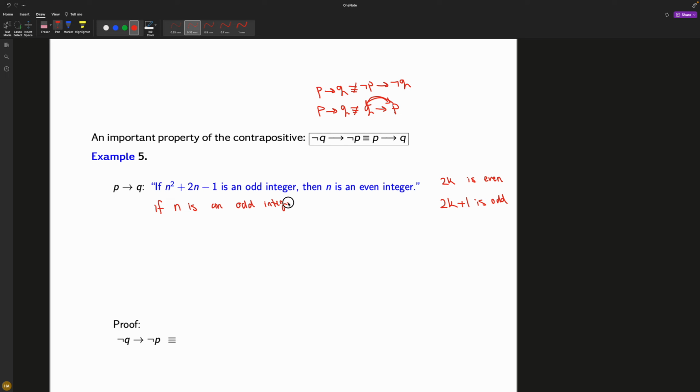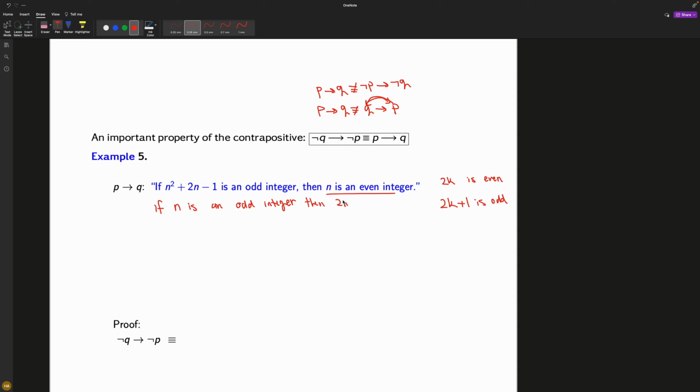Now, why did I choose odd? Because remember, I'm negating it. You have to not only flip, but also negate for them to be equivalent. Because remember, it's easier to prove this into this than the other way around.